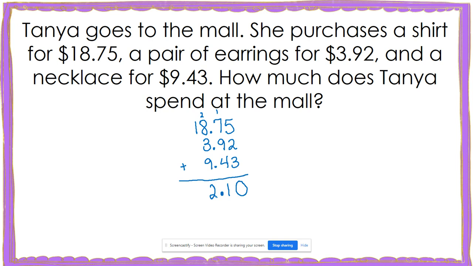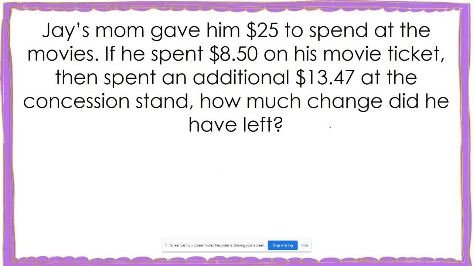So I put my 2 and carry my 2. Now 2 plus 1 gives me 3. This means that Tanya spent a total of $32.10 at the mall.